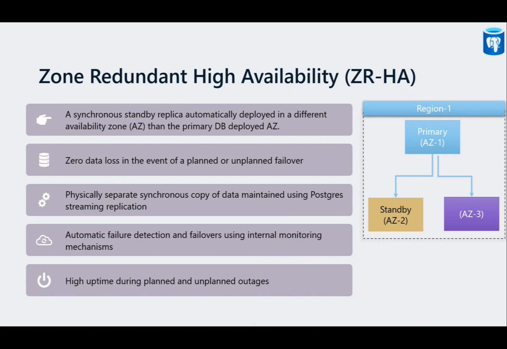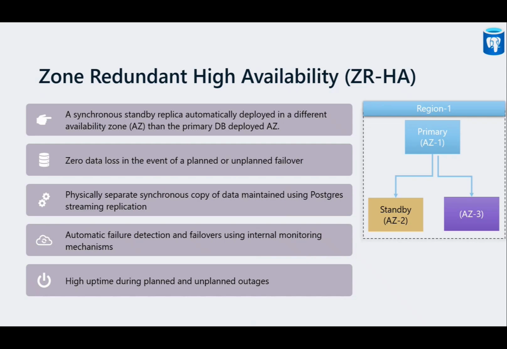So you get 0 data loss in the event of a failover, unplanned or planned. It's pretty much a physically separate copy with Postgres streaming replication. Unlike Postgres, we built automatic failure detection and failover, so you don't have to put in any extra software that does detection and failover.